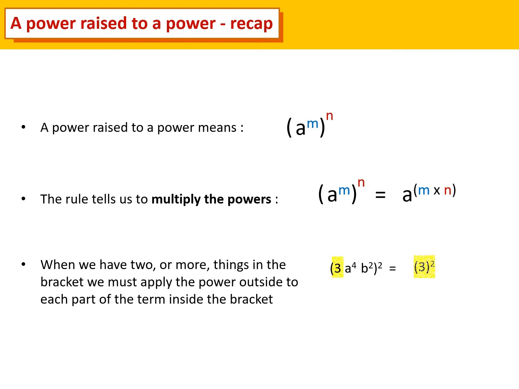So that would be 3 squared, a to the power 4 squared, and b squared squared. That would give us 9. A to the power of 4 squared, we would multiply the powers, and b squared squared, we would multiply the powers to give a final answer of 9, a to the power 8, b to the power of 4.